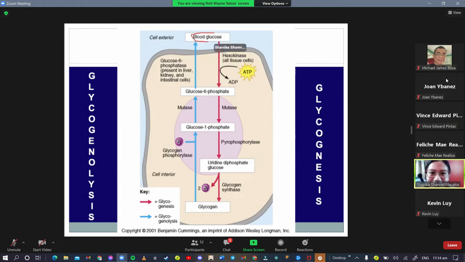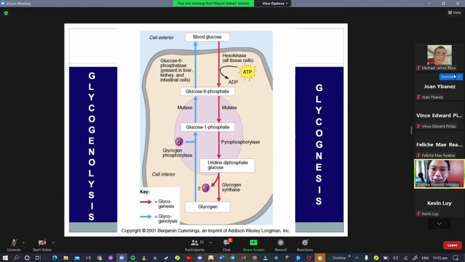At the start, the blood glucose will interact with hexokinase in all tissues, and glucokinase in the liver. Okay, so we have hexokinase and glucokinase.